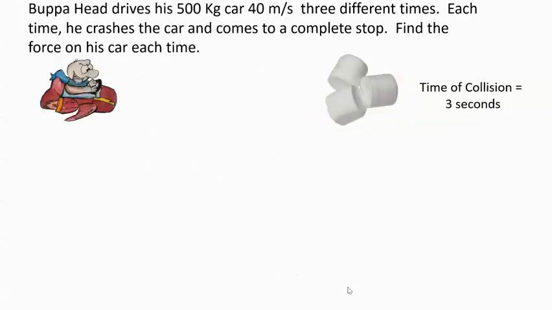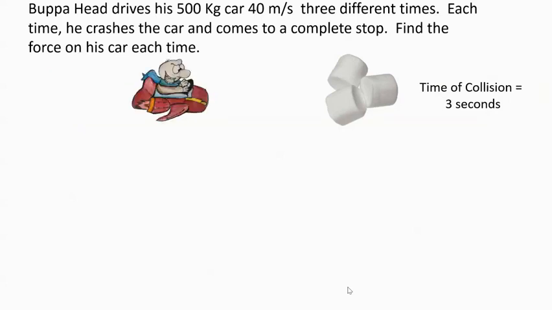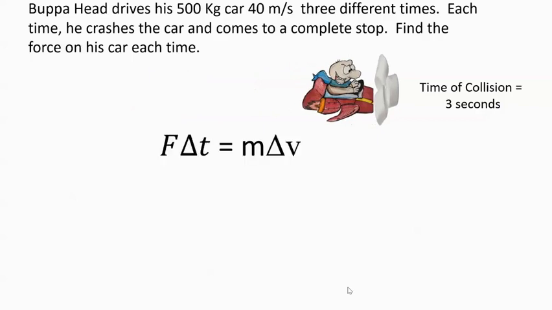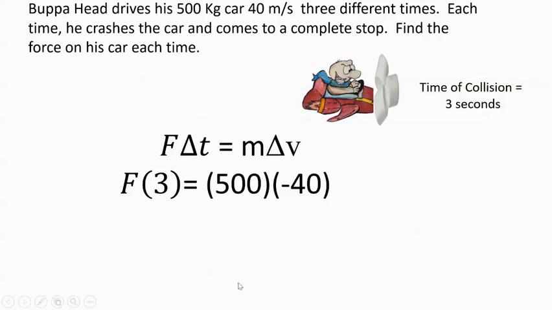Just to make sure we see this pattern correctly, let's have him crash into a mountain of marshmallows. He comes to a much slower stop this time. Same equation. The right side of the equation is the same because that's his change in momentum. His change in momentum was the same each time he ran into something.